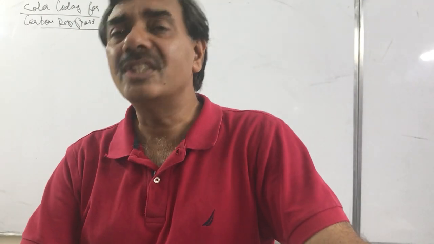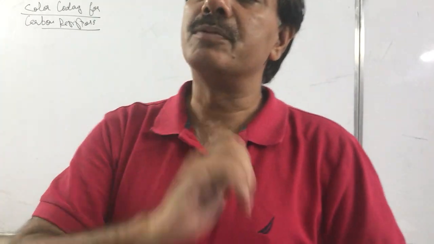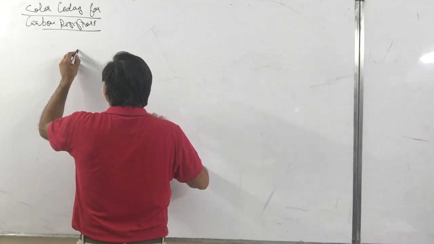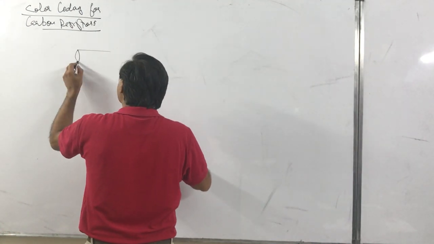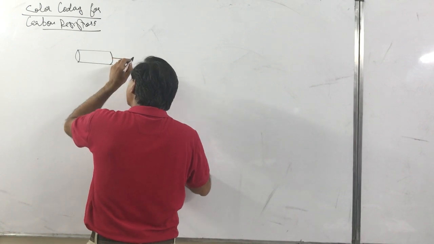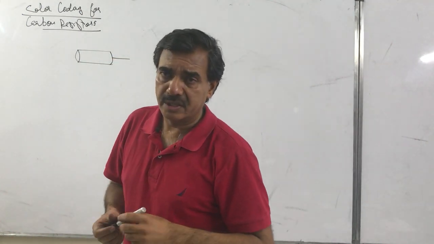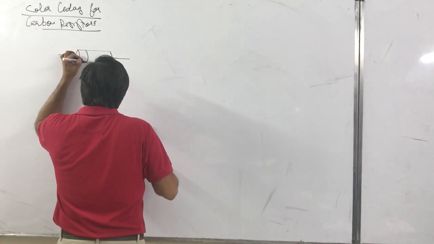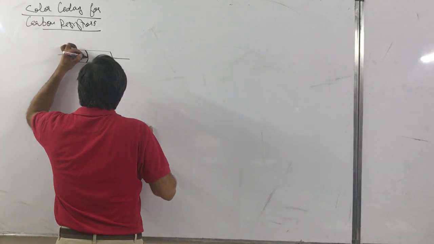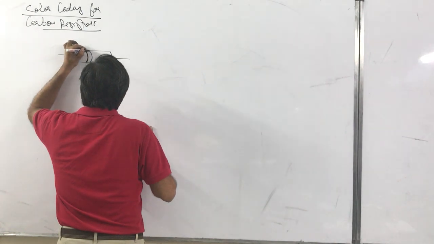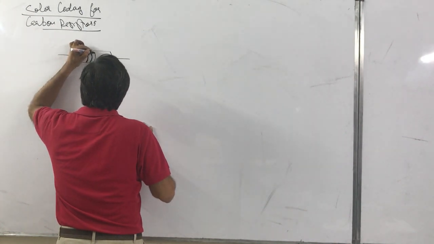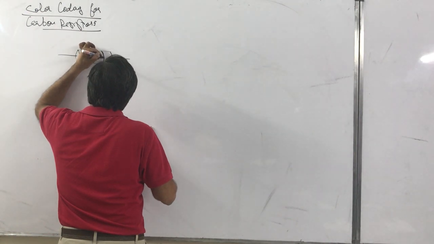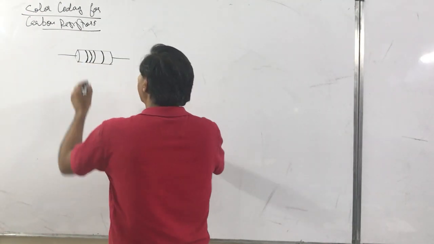And international code है, कुछ बैंड्स बने हुए हैं। Let me say ये एक रजिस्टर है, सिलेंडर की तरह होता है रजिस्टर, ठीक है? इसके ऊपर ना बैंड्स बने होते हैं। This is band 1, this is 2, this is 3, और थोड़ी दूर एक 4th बैंड होता है, ठीक है?